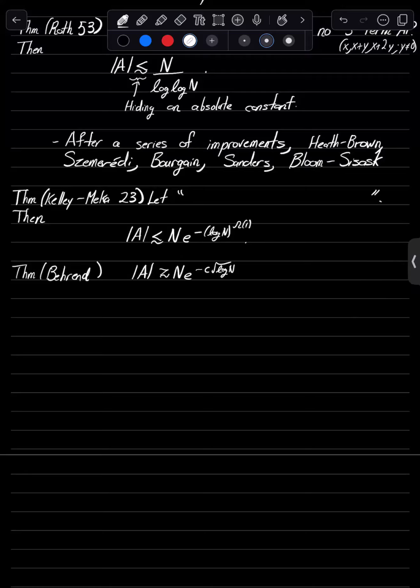Before the work of Kelley and Meka, everybody was saving some power of the logarithm versus the trivial bound. And here they're saving a quasi-polynomial amount, which is roughly close to the truth by this Behrend example. There is still some gap. We don't know that the exponent is a half, but we're within striking distance of the truth.